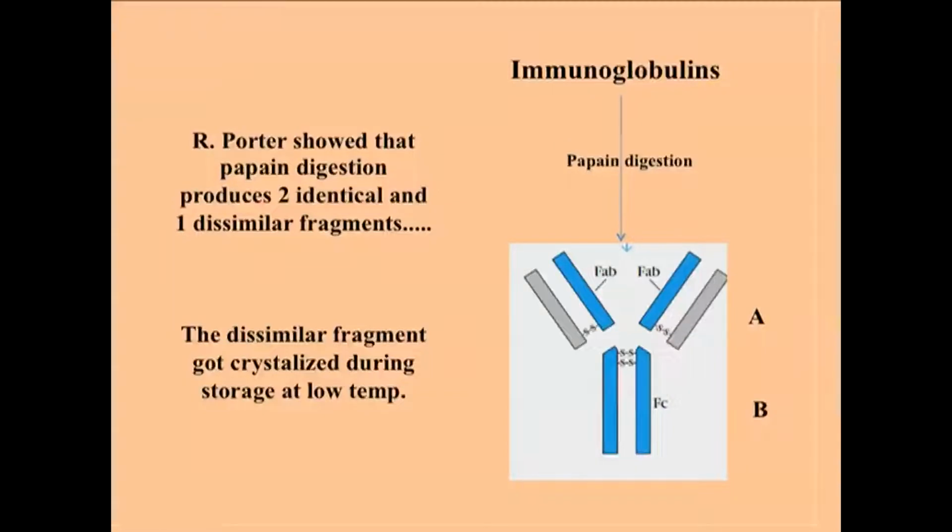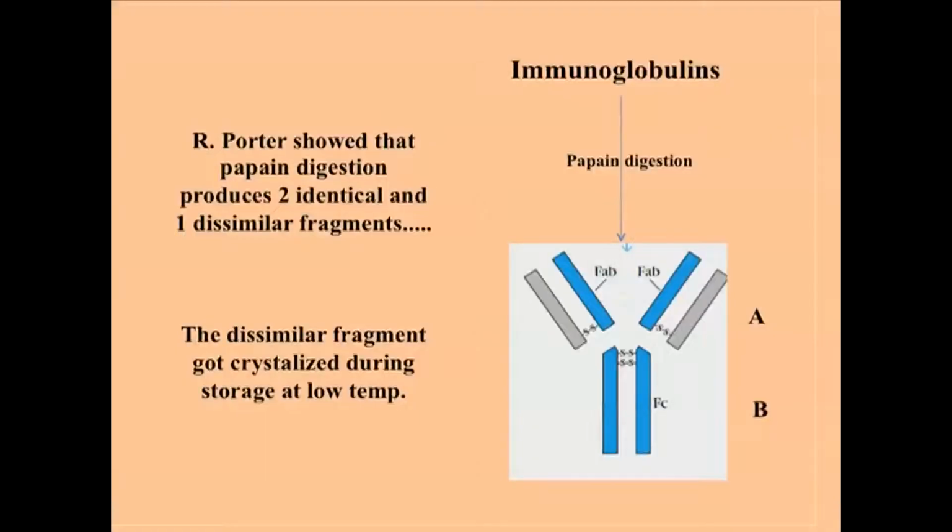When the B fragment was used to immunize a goat and the antiserum was collected, that antiserum reacted only with the heavy chain part. That means the B fragment is composed of only heavy chains, and the A fragment was found to bind to the antigen. Thus, they named the A fragment FAB, or fragment responsible for antigen binding.